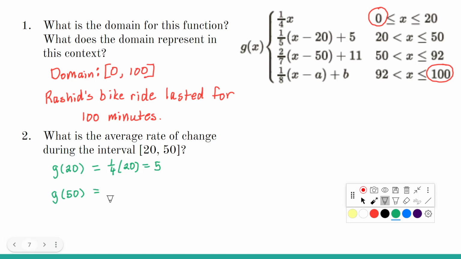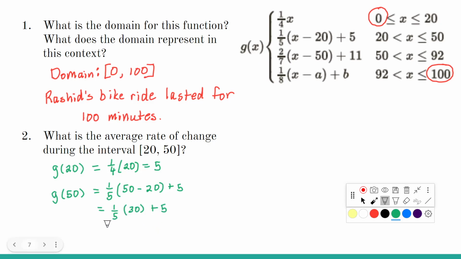and g of 50 is 1/5 of 50 minus 20 plus 5. So 50 minus 20 is 30, so we have 1/5 of 30 plus 5.